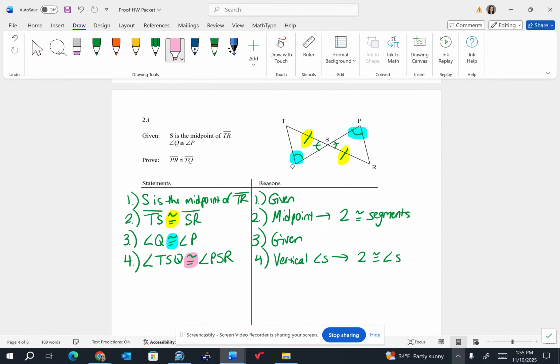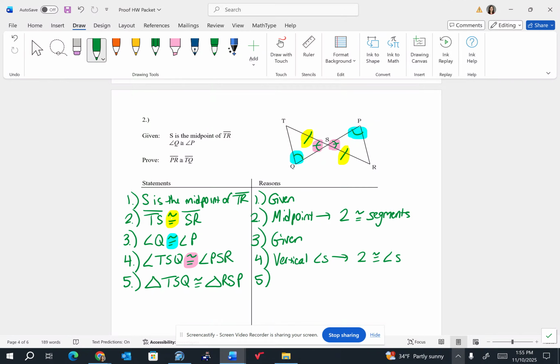So now I have 3 sets of markings, so I'm ready to do my congruent triangles. I can name the first one however I want. I'm going to go triangle TSQ. Then the other triangle, I need to see what the T goes with. It's the R. The S goes with S, and the Q goes with P. My reason for congruent triangles, that's where the side, angle, side stuff comes in.